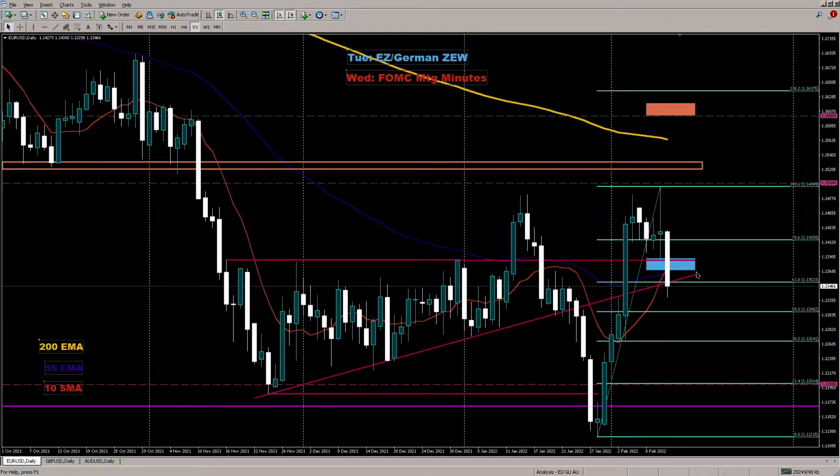So let's also change this now to resistance up here. And actually we'll move support down here then. Bring this resistance zone down.